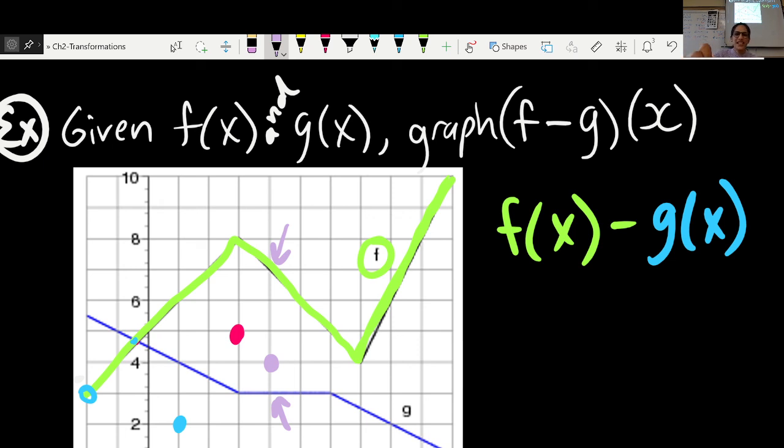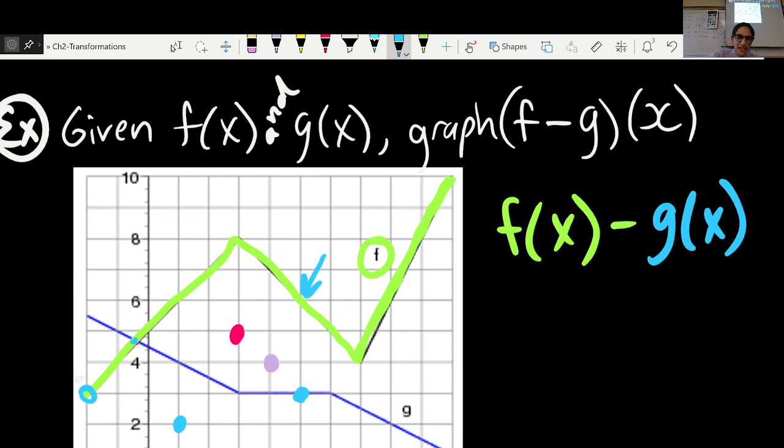So do you get the idea? We can keep going. Let's say I pick here and here. What do I get when I subtract those? I think that's at 6 and that's at 3. Yeah, so we get a 3 right here, which is exactly where it was. Good?